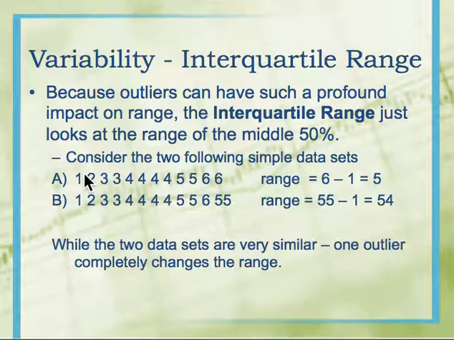So if I look at this, right, I have these numbers here, 1 through 6, these numbers 1 through 55. These numbers in B are exactly like A, except for this 6 is a 55. When I look at the ranges, right, I see that this range is gigantic. Almost 11 times as big as the range of A. Now, it's only because of one data point.